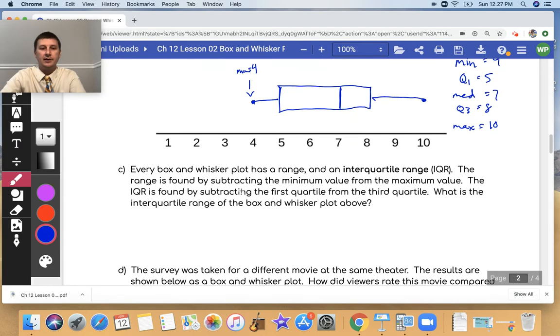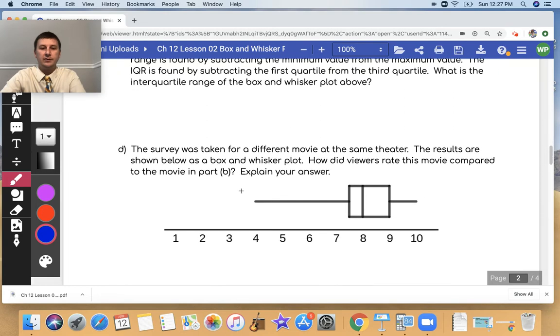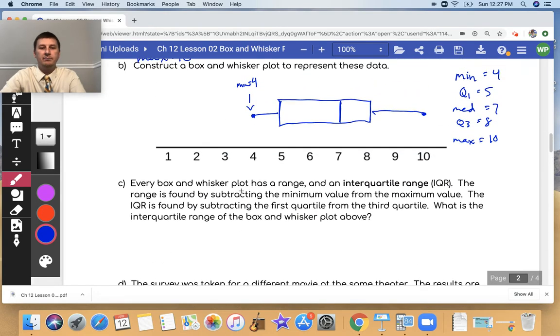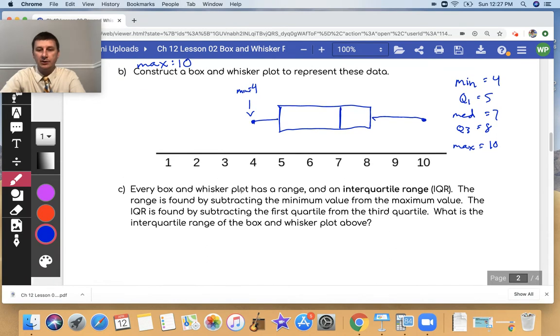And finally, in part C, not finally, because we have a part C and a D on this question. In part C, it says every box and whisker plot has a range, an interquartile range. So we have a range, and then we also have an interquartile range. The range is found by subtracting the minimum value from the maximum value. We might have seen that before in 6th grade.